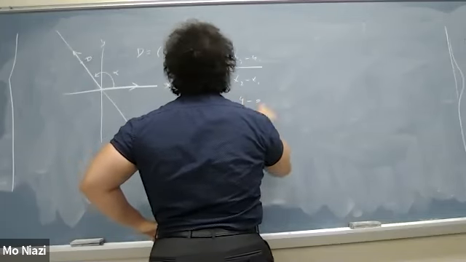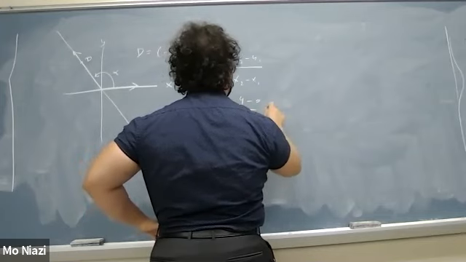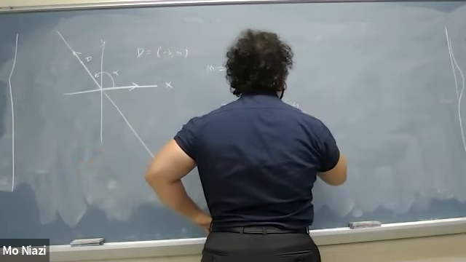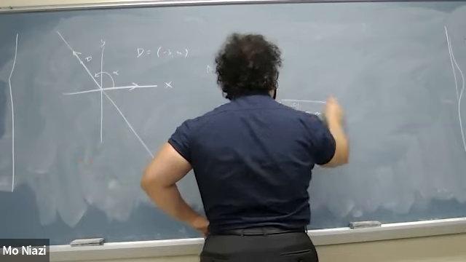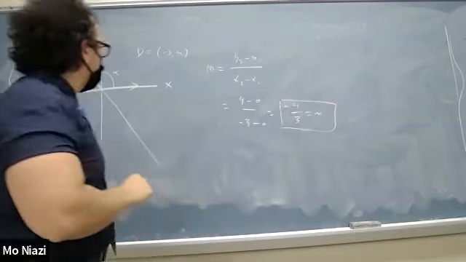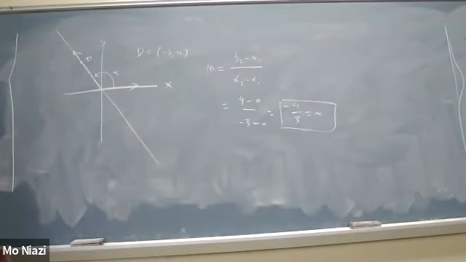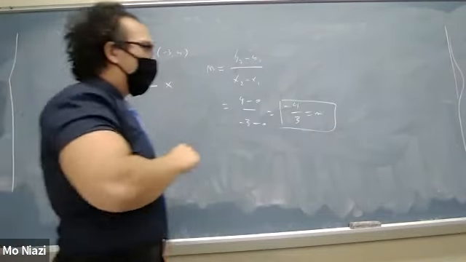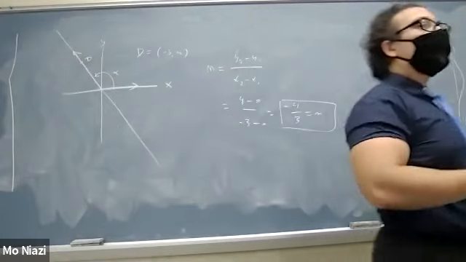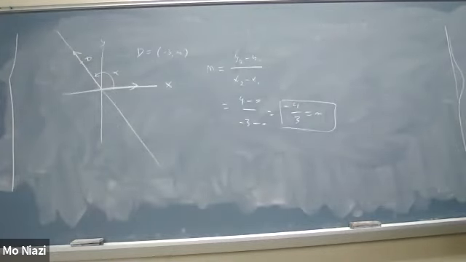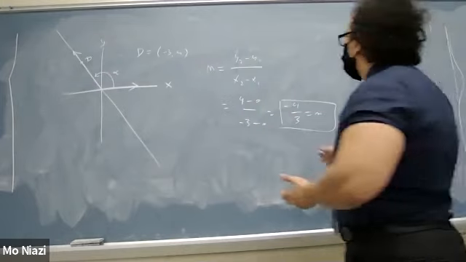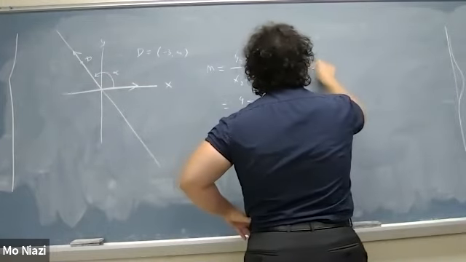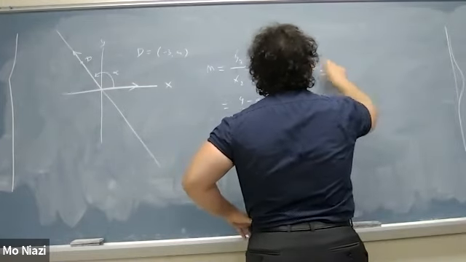It's 4 minus 0 divided by -3 minus 0, which is -4/3, our slope. What is the y-intercept? 0. If you're going to have this in standard form, the y-intercept must be 0. So our equation is y is equal to -4/3 x.